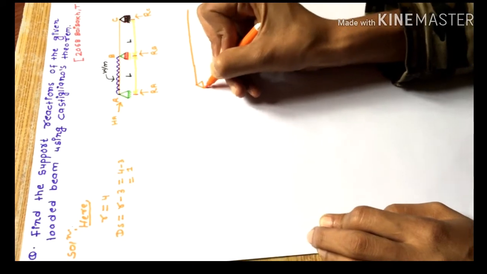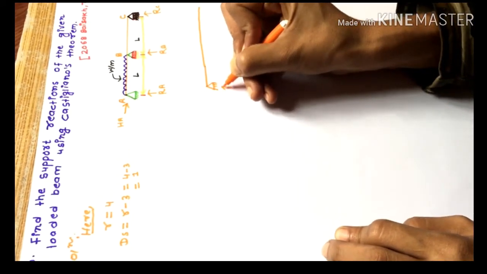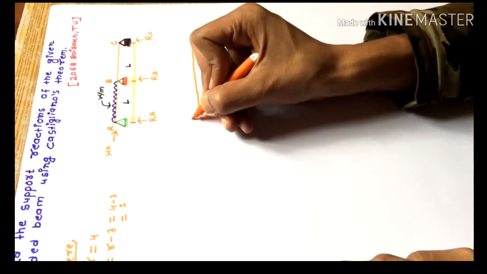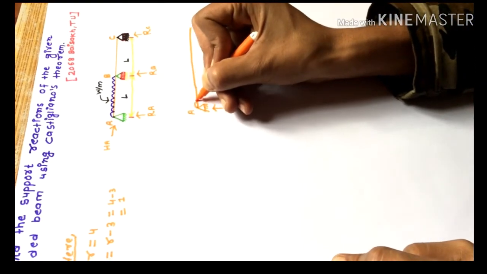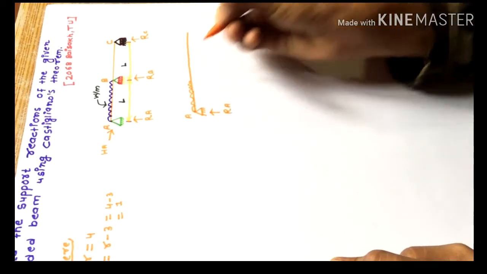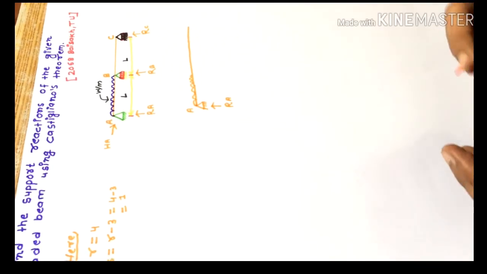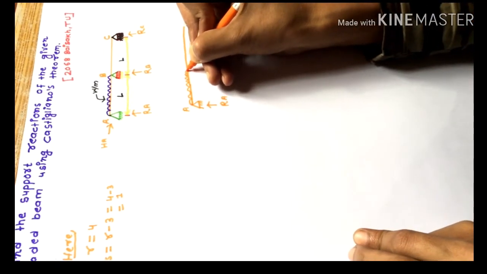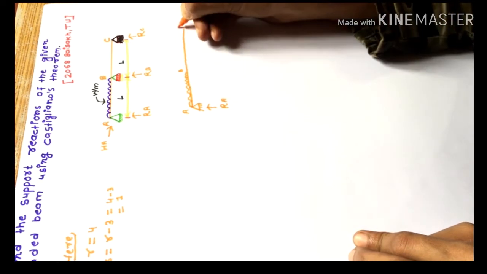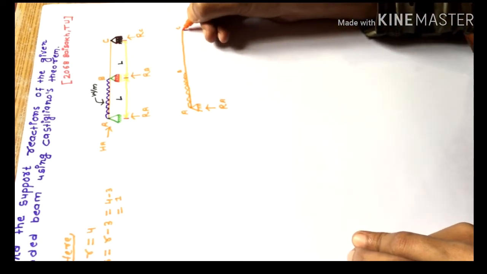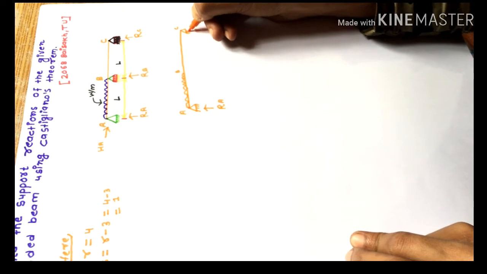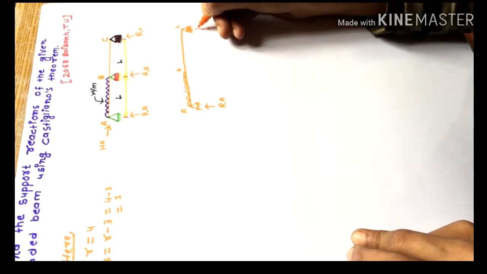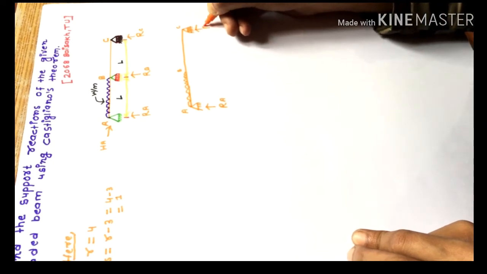Hinge support, RA is the vertical reaction at A. This is the uniformly distributed load acting from A to B. This point is B and this point is C. Here at point C a roller support is acting, so one vertical reaction is acting, that is RC.